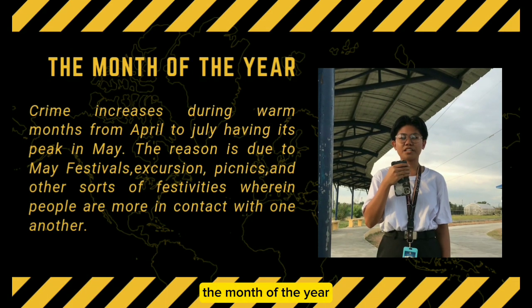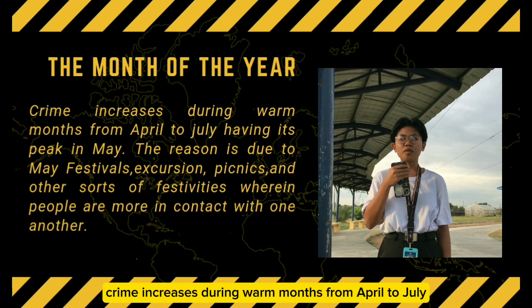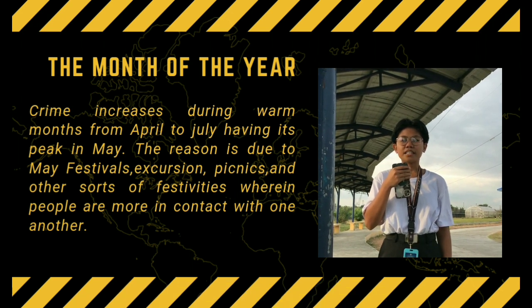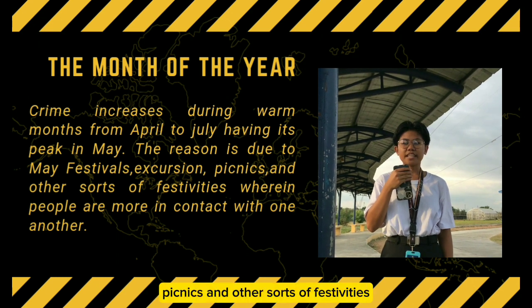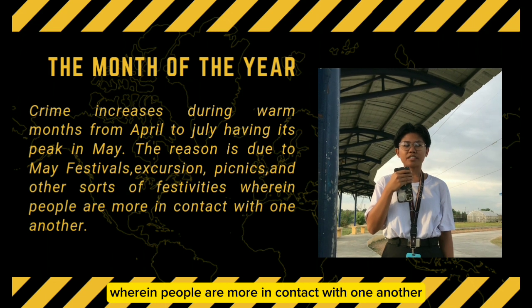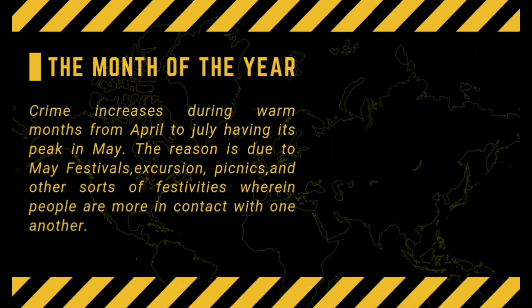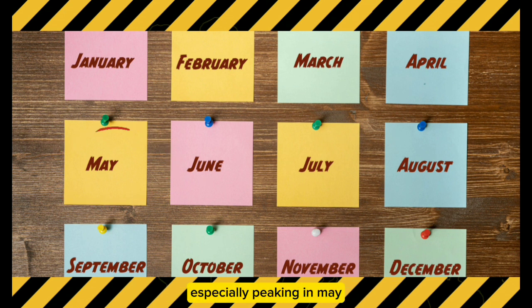The month of the year. Crime increases during the warm months from April to July, with its peak in May. The reason is the many festivals, excursions, picnics, and other sorts of festivities, wherein people are more in contact with one another. During the warmer months, especially peaking in May, crime rates tend to increase.